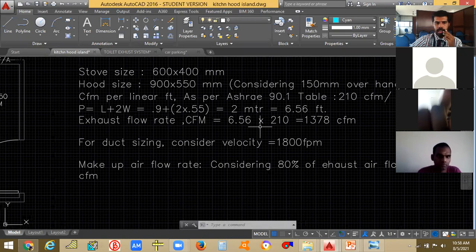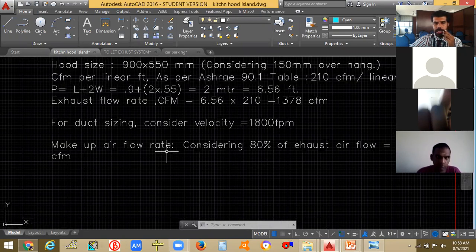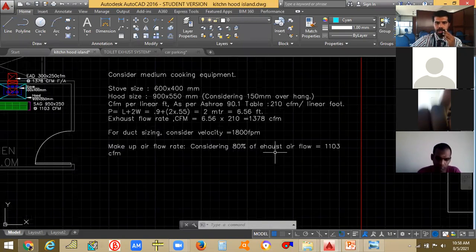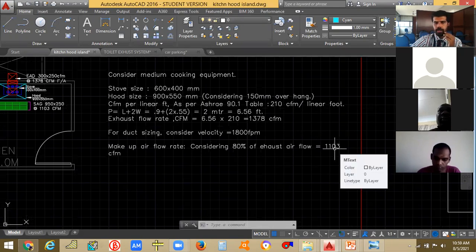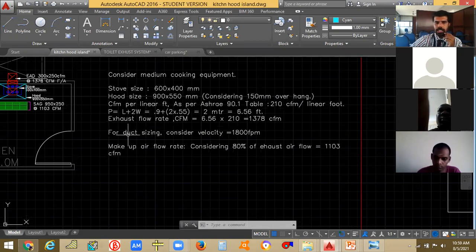Okay. And make a flow rate considering 80% of exhaust airflow, you will be getting 1103 CFM. So 80% of 1378 CFM is 1103 CFM. So these calculations you know, right? We saw them yesterday and found the answer yesterday itself.